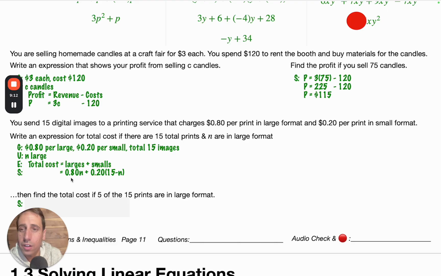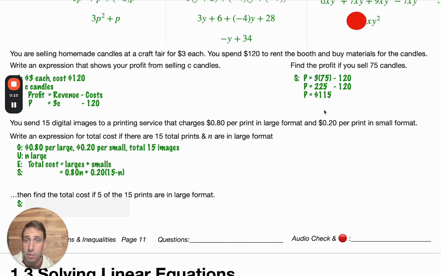Okay. Now, the cost of the larges is going to be n. We don't know how many n larges there are, but we'll just use n here, and that's how much it costs for each of them. So 0.80n plus the cost for the smalls is 20 cents, and I don't know how many larges there are. I don't know how many smalls there are, but all right. So as I was saying, it was 20 cents for every small image.